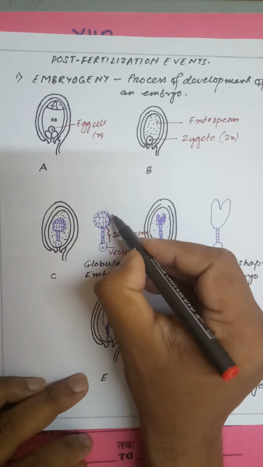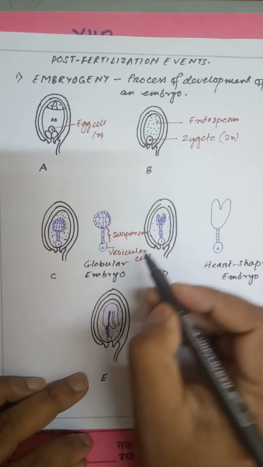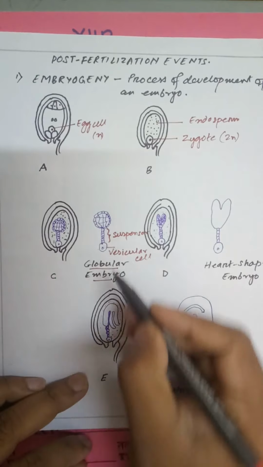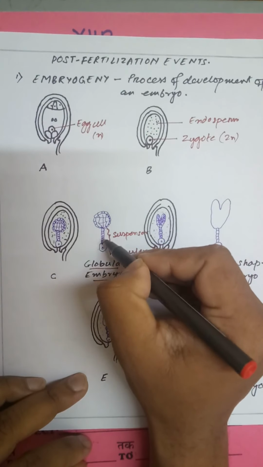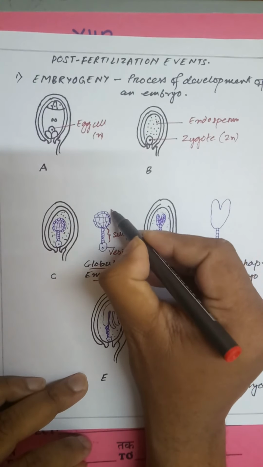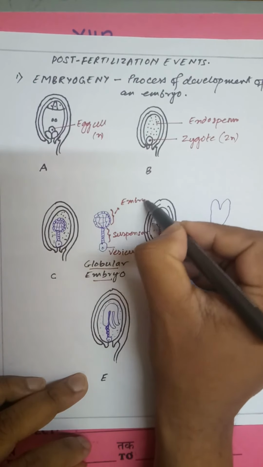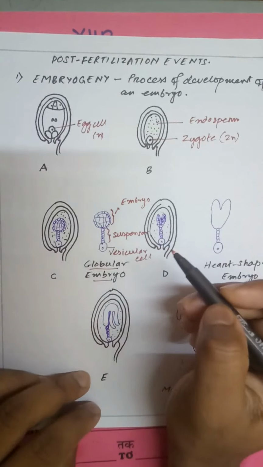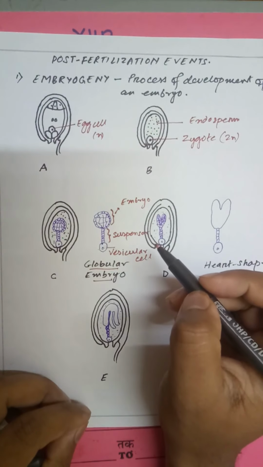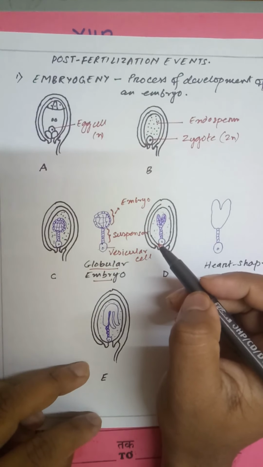This is the embryo. This round embryo is called globular embryo. Such a shape of embryo is called globular embryo.